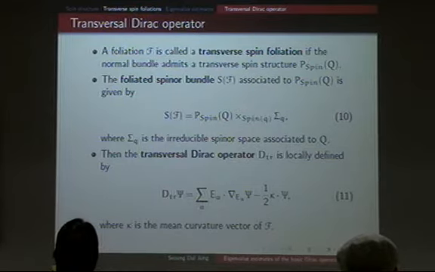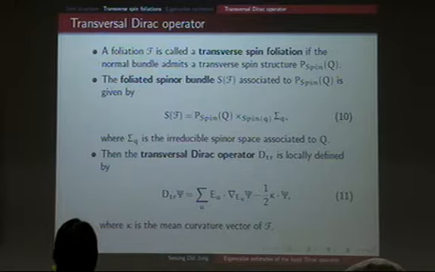Then the transversal Dirac operator D_tr is defined by this type. The different point from the usual case is this term, where kappa is the mean curvature vector of the leaf. The transversal Dirac operator was introduced by Professor Campbell at Illinois University. Now he retired in 1988.